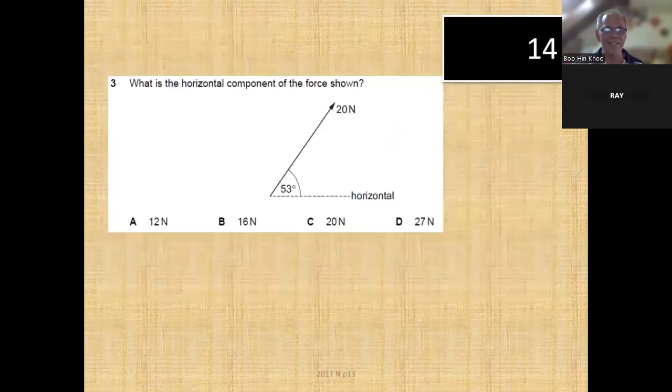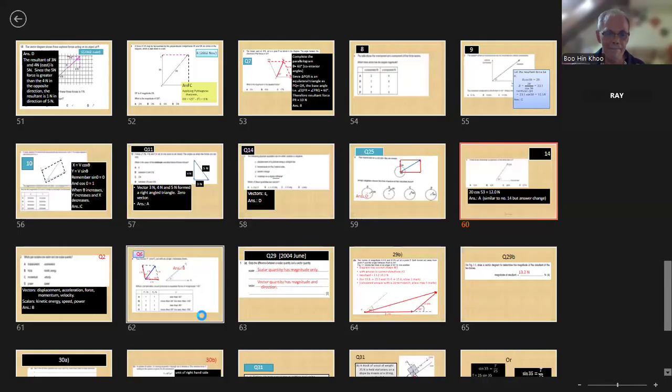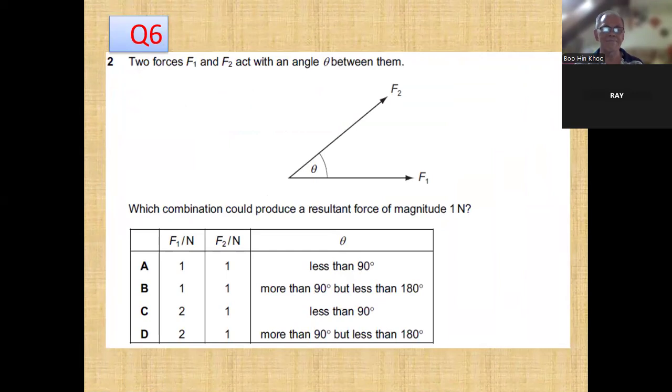Okay, we got 1 minute left. Let us try something. This one: two forces F1 and F2 act with an angle theta between them. Which combination would produce a resultant force of magnitude 1 Newton?